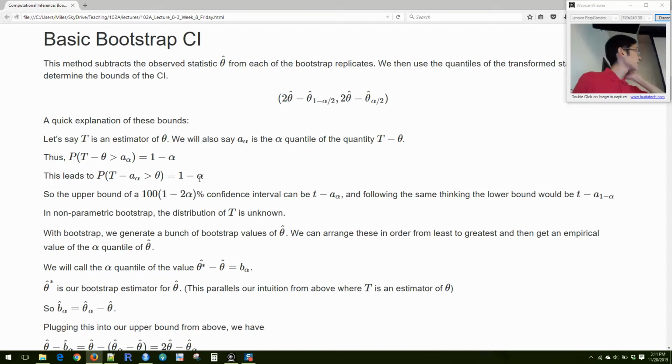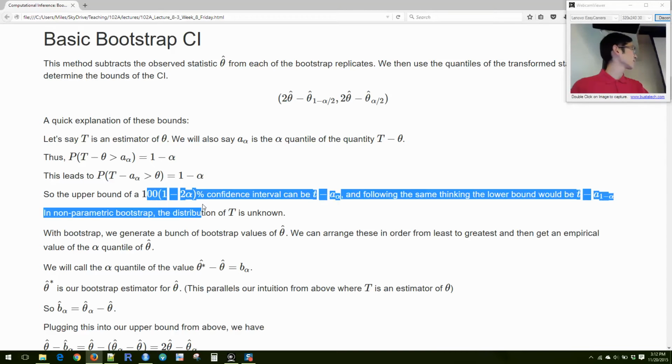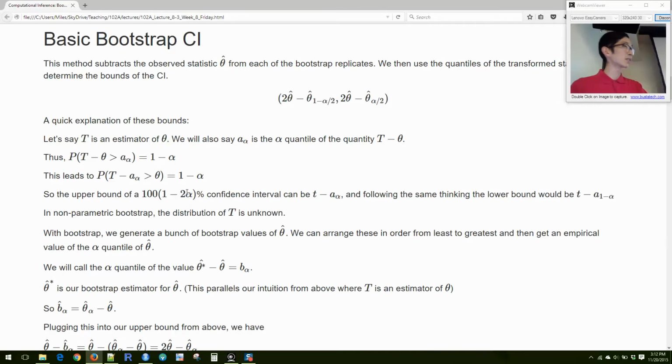And so based on this, our confidence interval's upper bound is going to be T minus A, and following the same logic, our lower bound will be T minus the 1 minus alpha quantile of A, for a 1 minus 2 alpha interval.